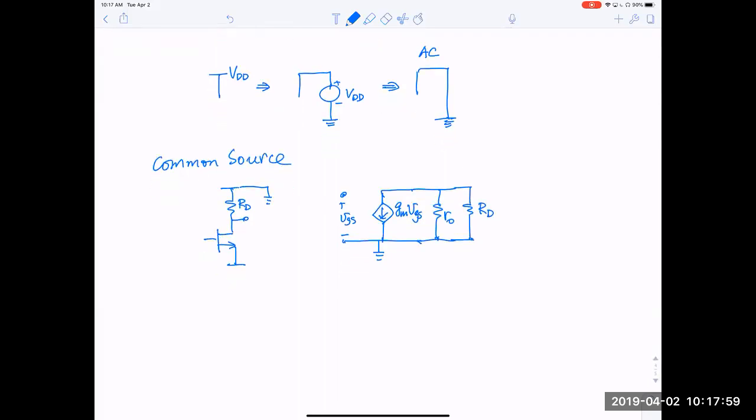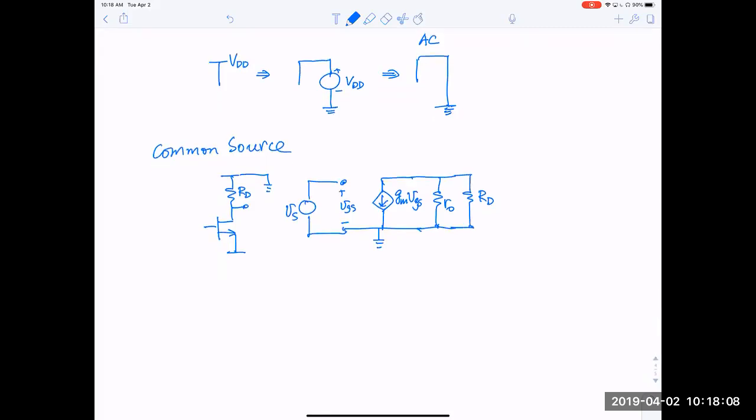The voltage source as a voltage amplifier, so we will be connecting this to VS, and this will be V out. So the voltage gain is really easy with this small signal. V out is equal to the current that flows through the combination of resistors, which we can simplify as r0 in parallel with RD.